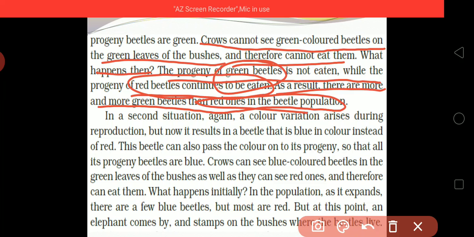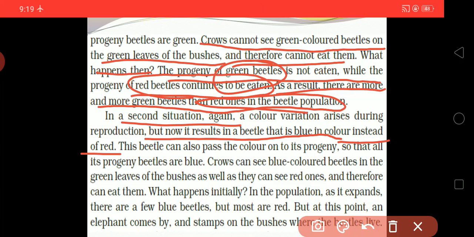And in the second situation, you can see that a color variation arises during reproduction, but now it results in a beetle that is blue in color instead of red. So a blue beetle is also existing.